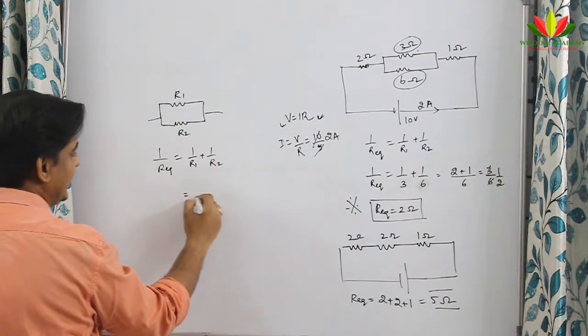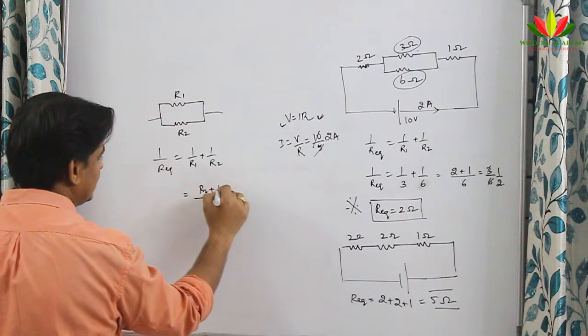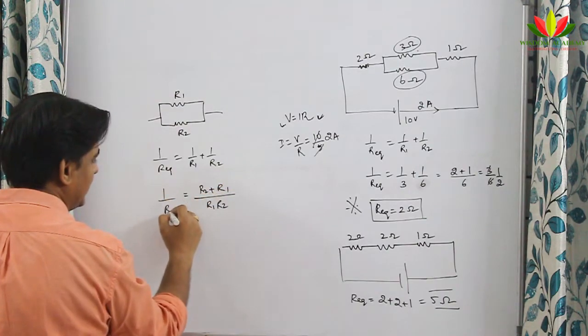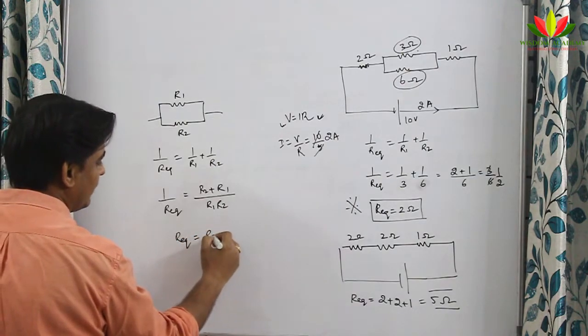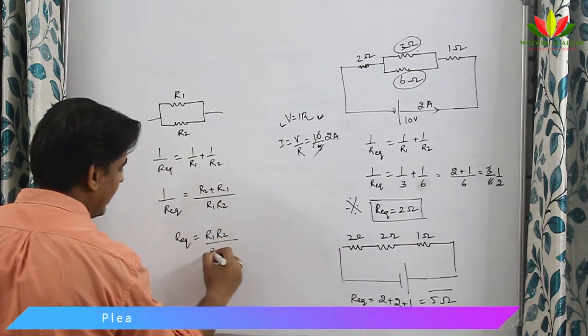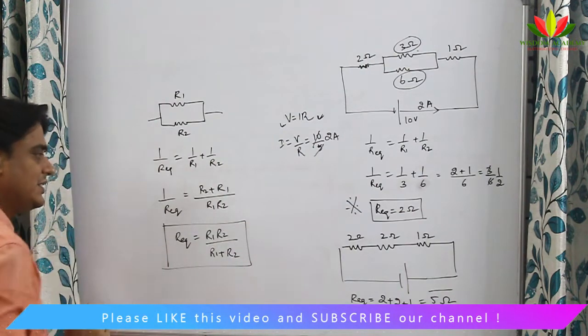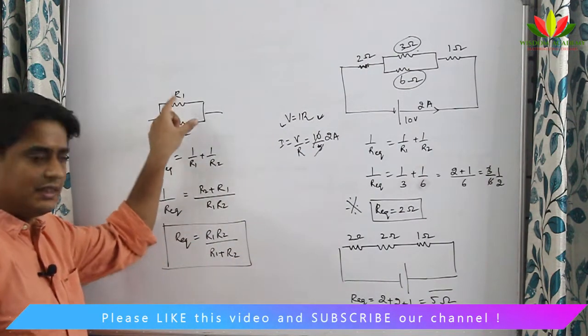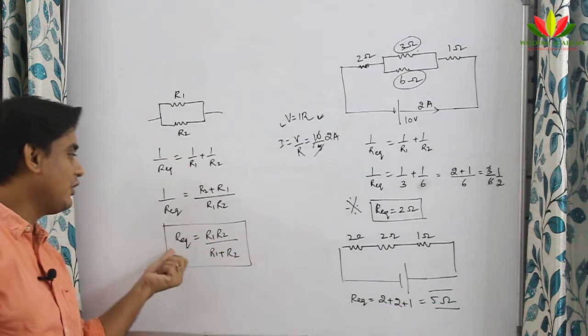So then we take the LCM as R1 R2 and this becomes R2 plus R1. This is 1 by R equivalent. So from here, R equivalent will become equal to R1 R2 by R1 plus R2. So what two resistances are there, you have to multiply them and divide by their addition. You will get the value of R equivalent.